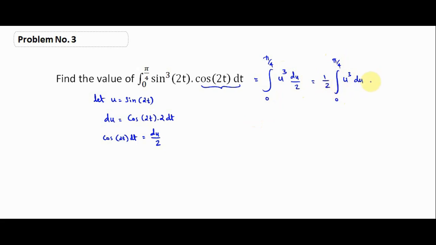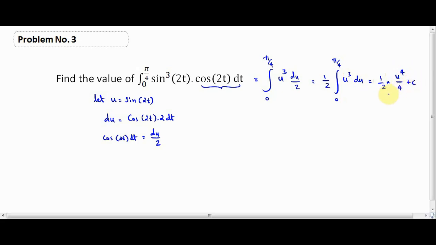Once we integrate this, we get 1 by 2 into the integral of u raised to 3 du, which will be u raised to 4 by 4 plus c, and the limits are from 0 to pi by 4. We have substituted u equal to sine 2t, so we replace u with sine 2t.